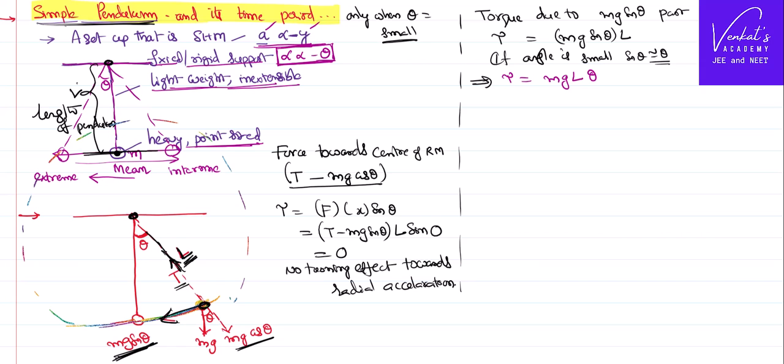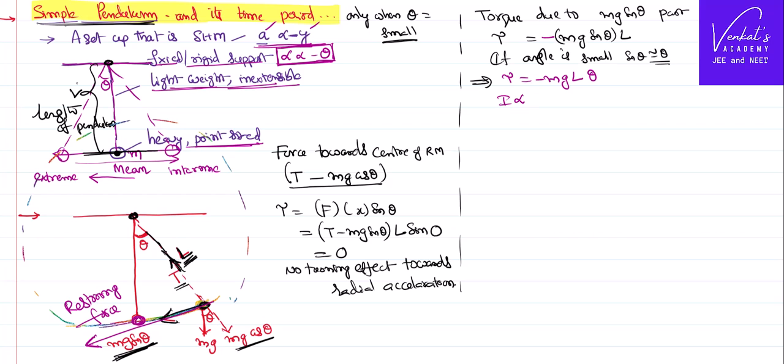I can put a negative sign here because this mg sin theta is the force that is trying to pull the body towards the oscillatory position. That's why that kind of force is called a restoring force.